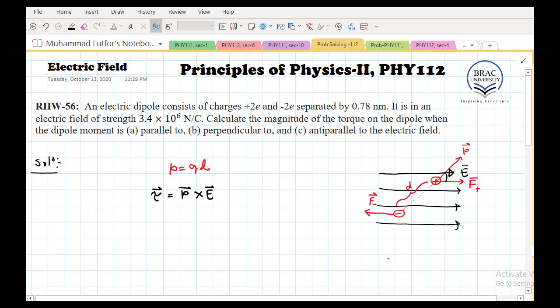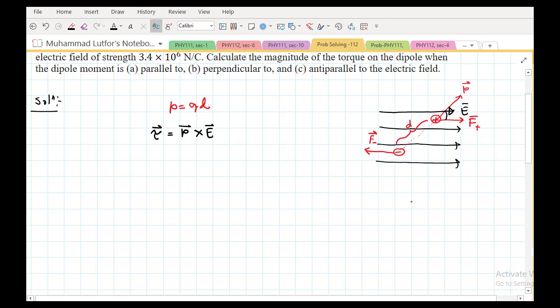I can draw it: this is the electric field, and this electric dipole p creates an angle theta with the electric field. Then the magnitude of this torque would be p E sine theta, right?